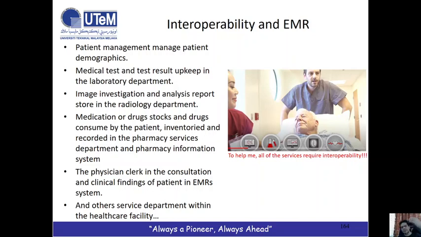So without that information, it's very difficult to predict the problem or the diagnosis of the patient.